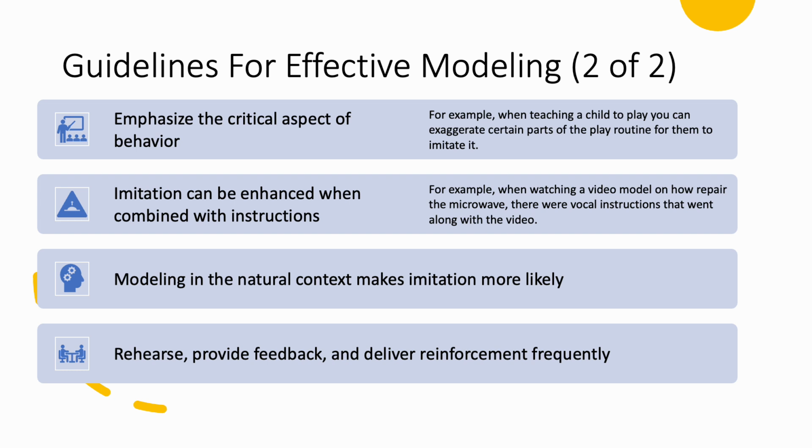You can provide them with feedback, and then if they do it well, you can provide reinforcement, and you can continue this cycle. You could practice again, so you can rehearse with them again. Any skill can be taught through rehearsal, providing feedback, and then delivering reinforcement.